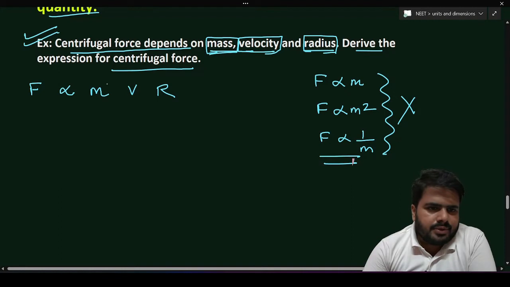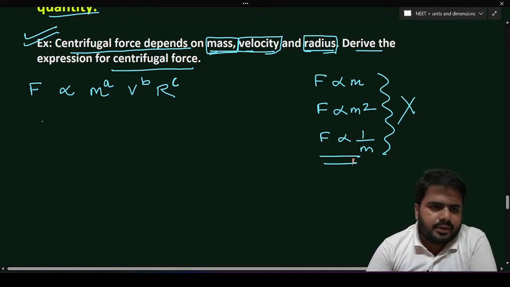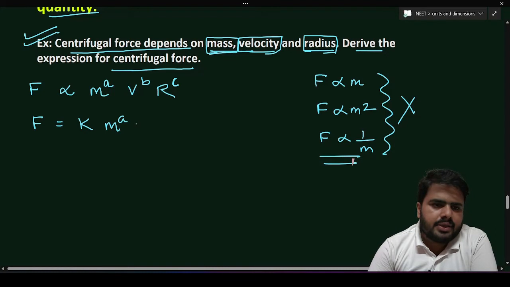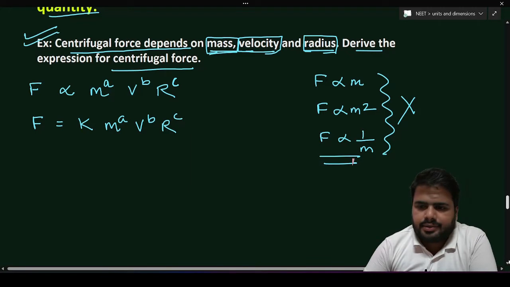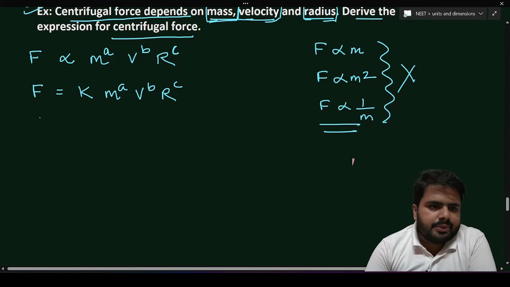So what we will do here is assume that force is proportional to m to the power a, v to the power b and r to the power c. Clear? Okay, so now you can write it as F equals k into m to the power a, v to the power b and r to the power c. Clear? Now the next step is to put the dimensional formulas of the known values.